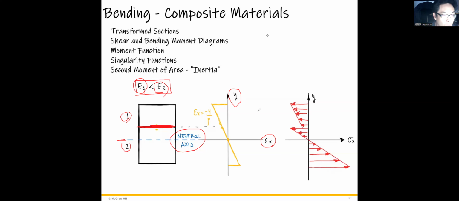Then if we plot the normal stresses versus y, there are two profiles of the stress distribution.